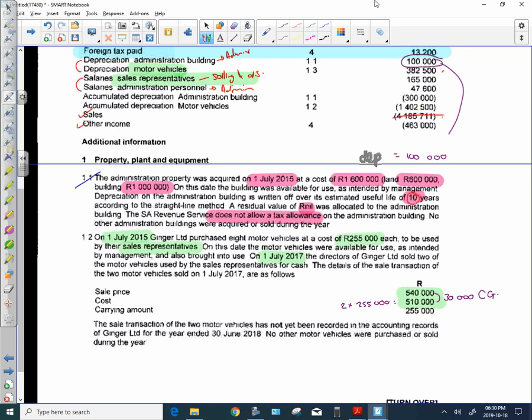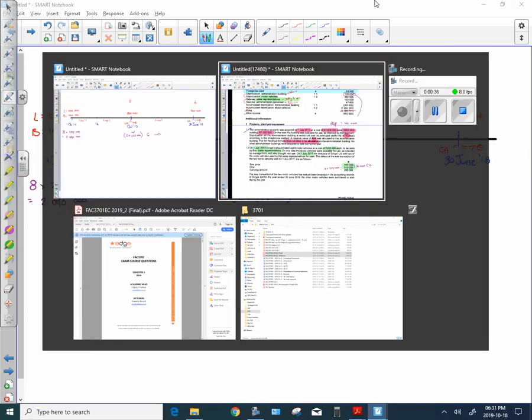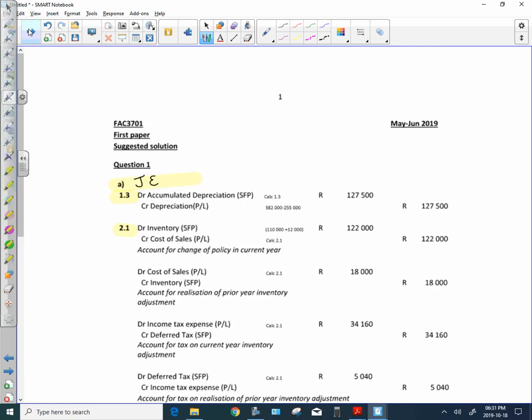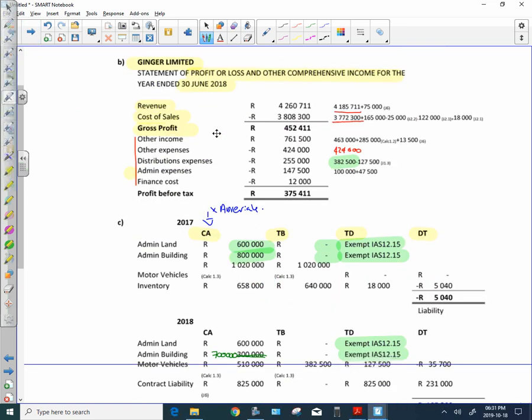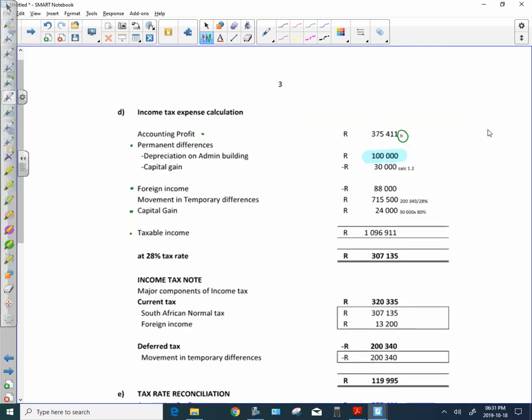Right, so firstly, I'm quickly going to deal with that capital gain. We need to account for that capital gain in my tax calculation as well as my tax rate recon. Right. So, in my tax calculation, you'll see that under my permanent differences, I deducted that capital gain, and that calculation would be 540,000 minus my 510,000.